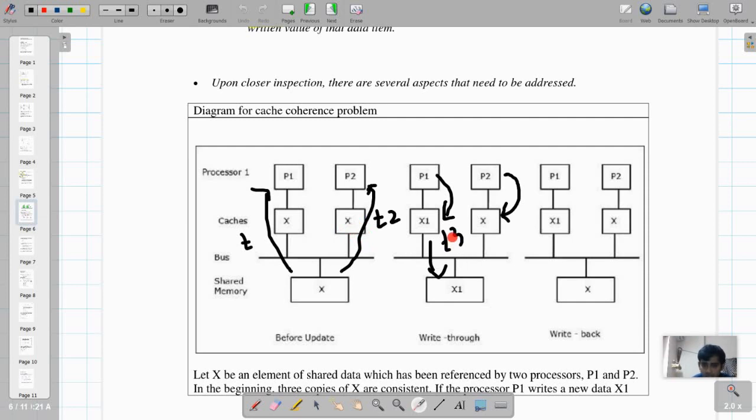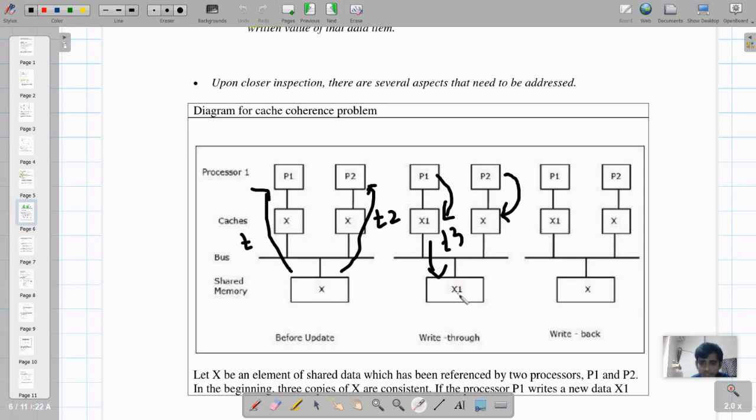Then at time slot T3, what followed? This data item was updated by processor P1. That means X was now changed to X1. And if your memory update policy is write through, then in the centralized shared memory this item has been replaced.